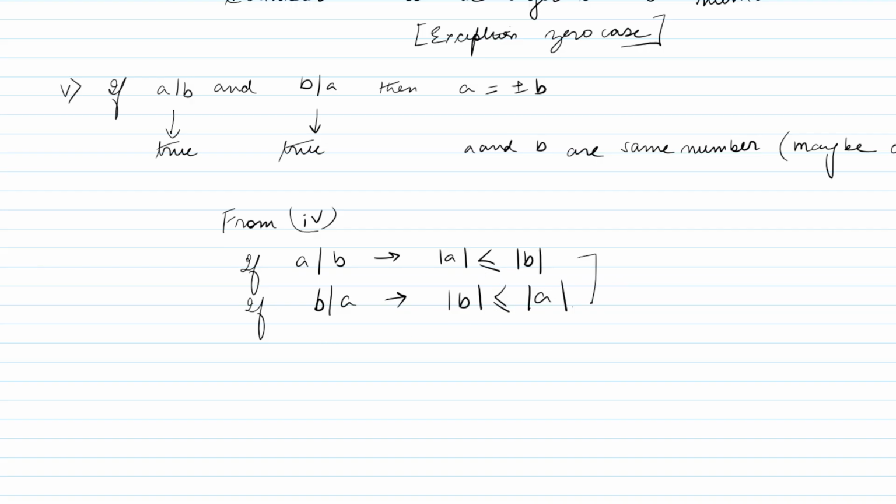So from both of these, we can come to the conclusion that mod of A equals mod of B, and this means A equals plus or minus B, hence proved. All right.